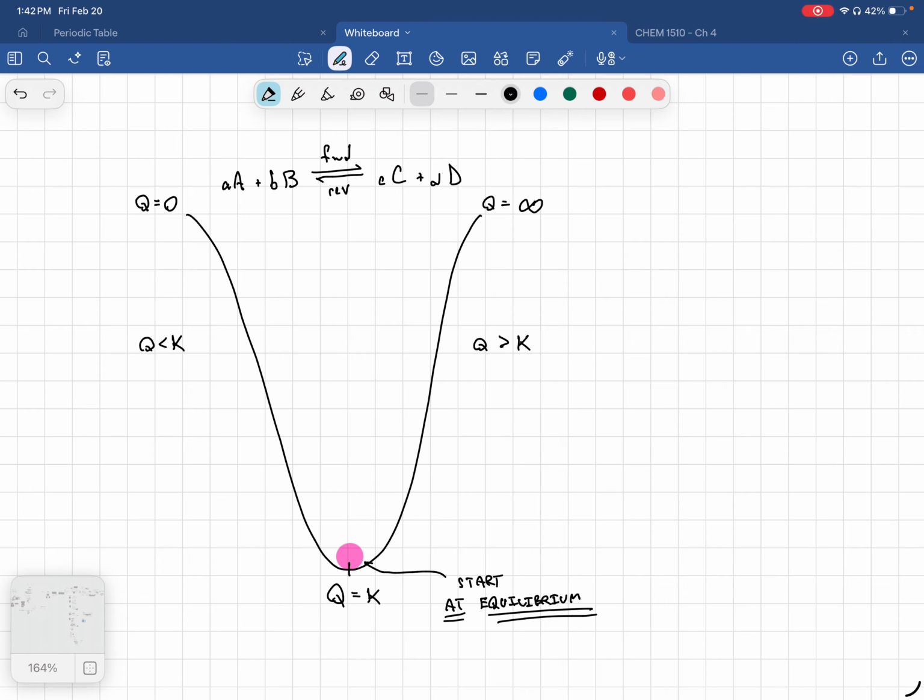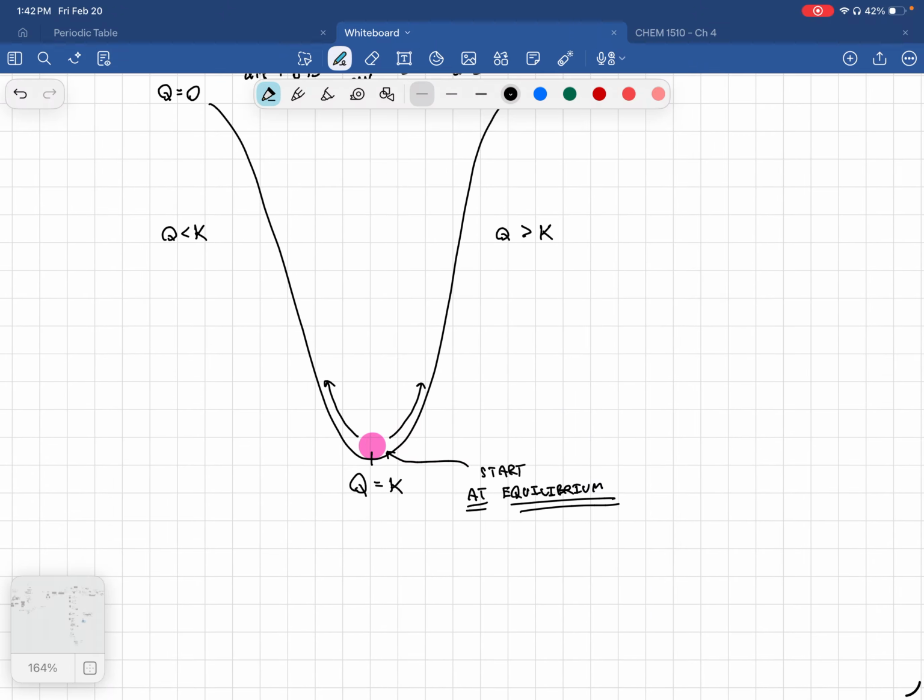Okay, so starting off, we're at equilibrium. If we then do something to this reaction, and remember what equilibrium is, just as a reminder, equilibrium is when the forward rate equals the reverse rate.